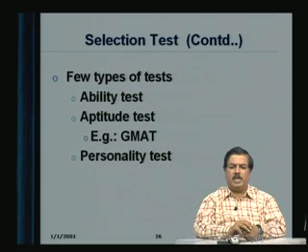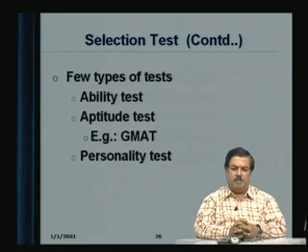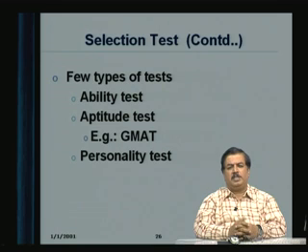When you are looking at the types of tests, first there are ability tests. Some of the abilities are clearly time linked, like how many words somebody can type per minute. So, a time based test, the stenographic kind of test. Then one would like to get into an aptitude test like the GMAT, to see whether somebody has a management aptitude.